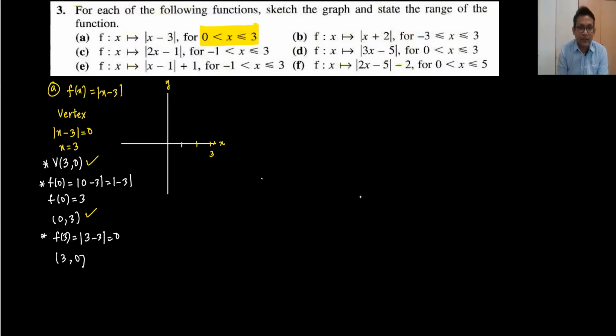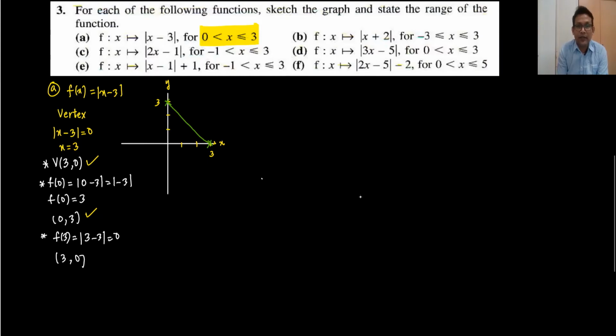With 0 and 3, the maximum value of y is also 3. So now put all the coordinates. The first coordinate is 3, 0, which is here on the x-axis, and 0, 3 is here on the y-axis. And when we join this, it's very simple. We cannot continue like this because the domain is only 0 to 3.